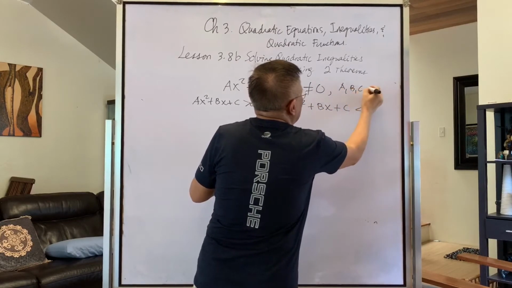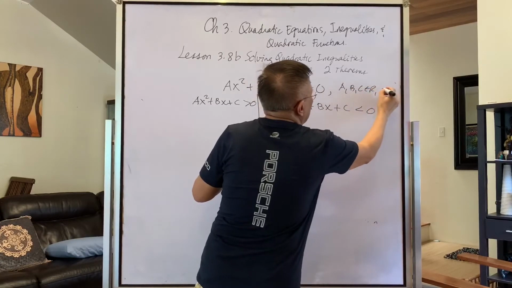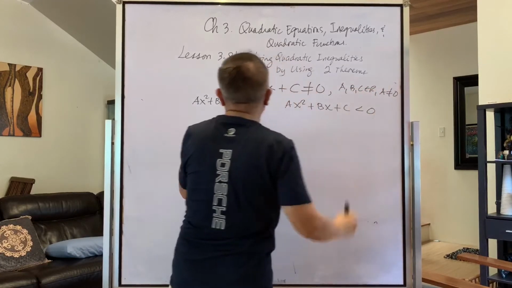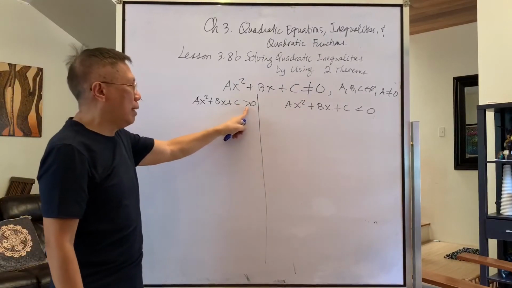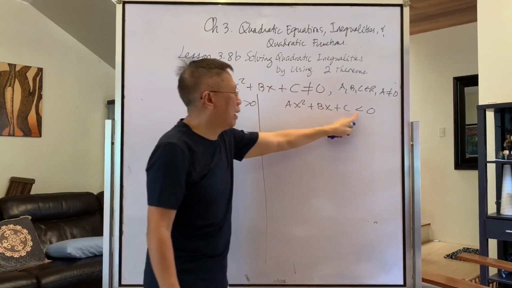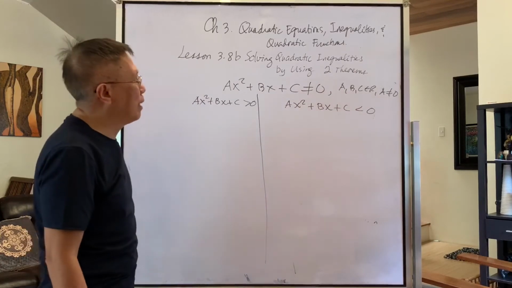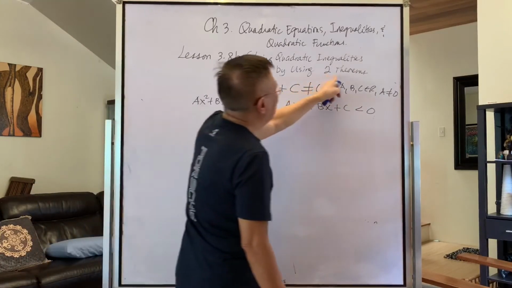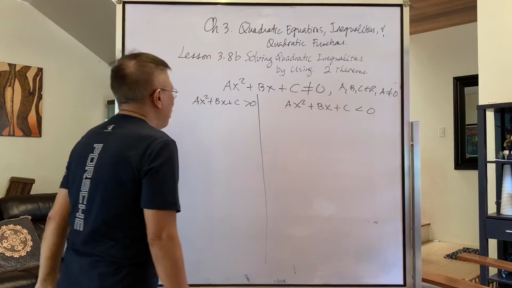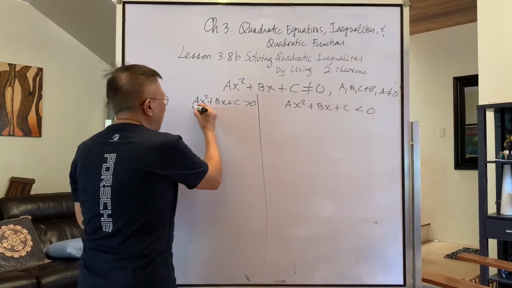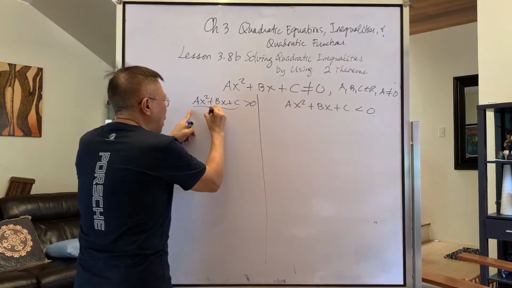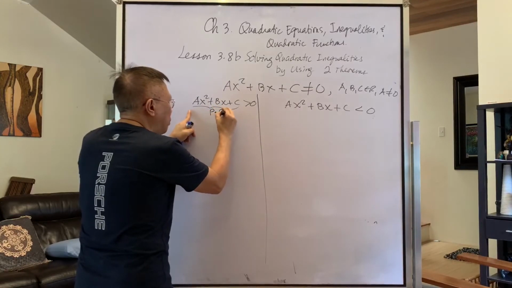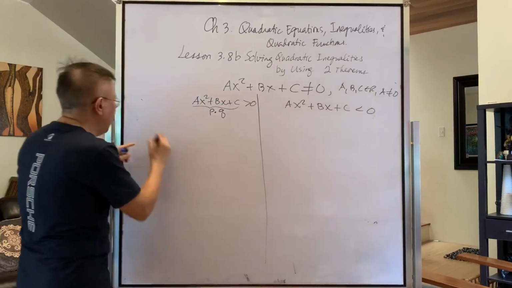This is always an assumption here: a, b, c are real elements, a not equal to 0. We are solving a greater than inequality here, and a less than inequality here. By the aid of the two theorems, suppose the left-hand side of this inequality is expressed as a product of two factors, p and q.